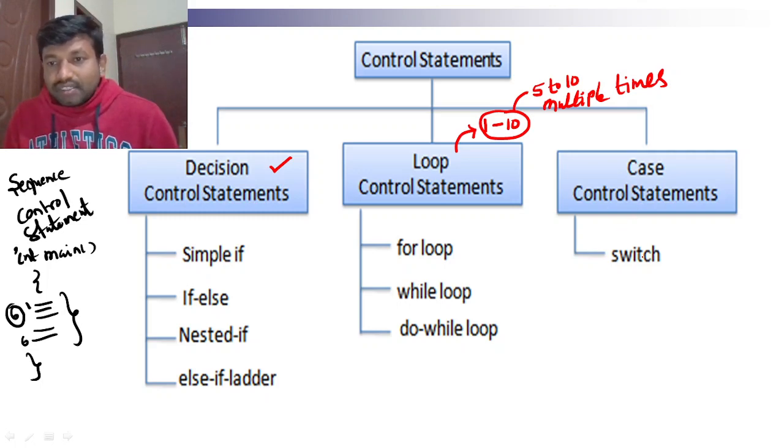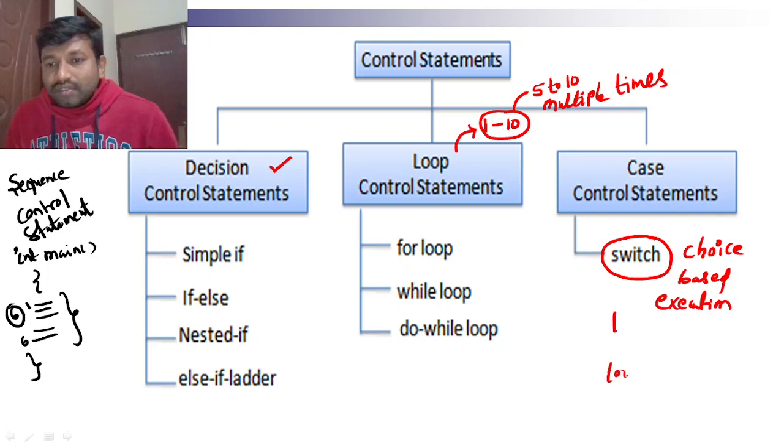In fact, the switch, we say that choice based execution. So the user will be writing choice based execution. What does it mean? If there are instructions, say 1 to 100, you can split them into 10 modules.